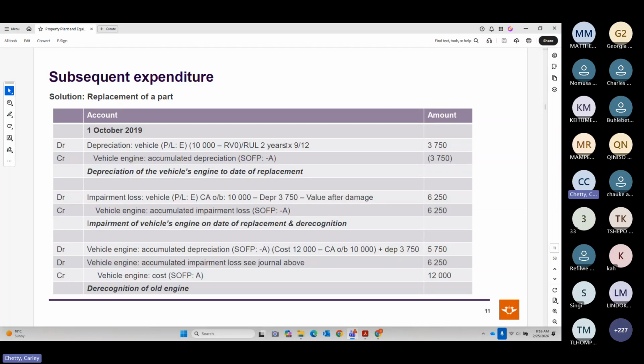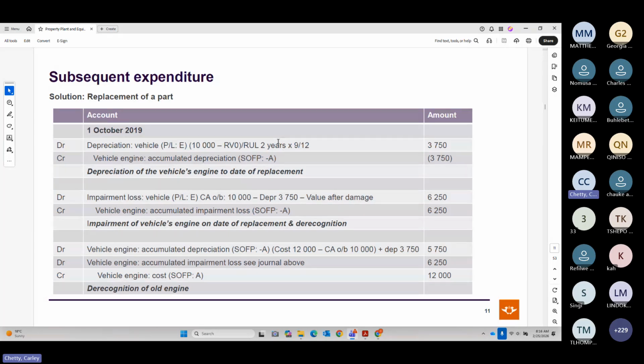So we are going to depreciate the old engine first up to the date where we replaced it. So we're taking the value of the engine, which is 10,000 Rand, minus the residual value of 0, divided by the remaining useful life given in the question of 2 years.